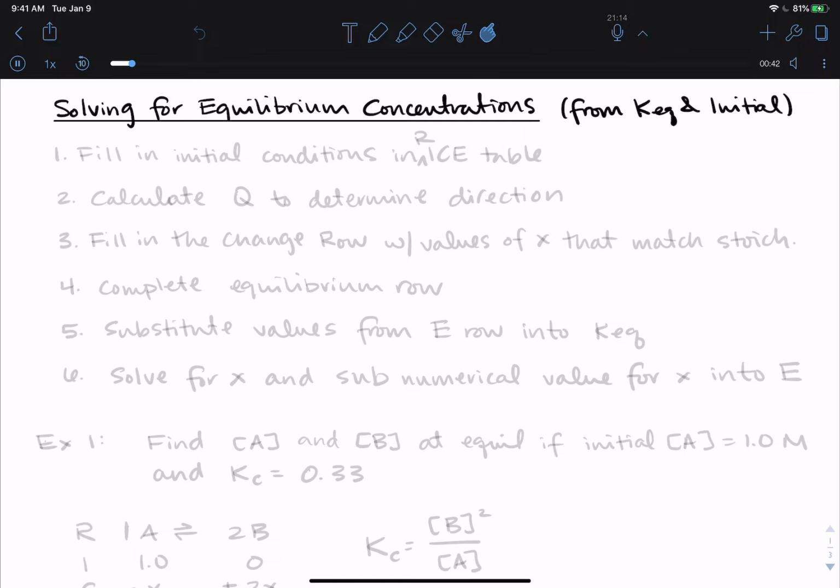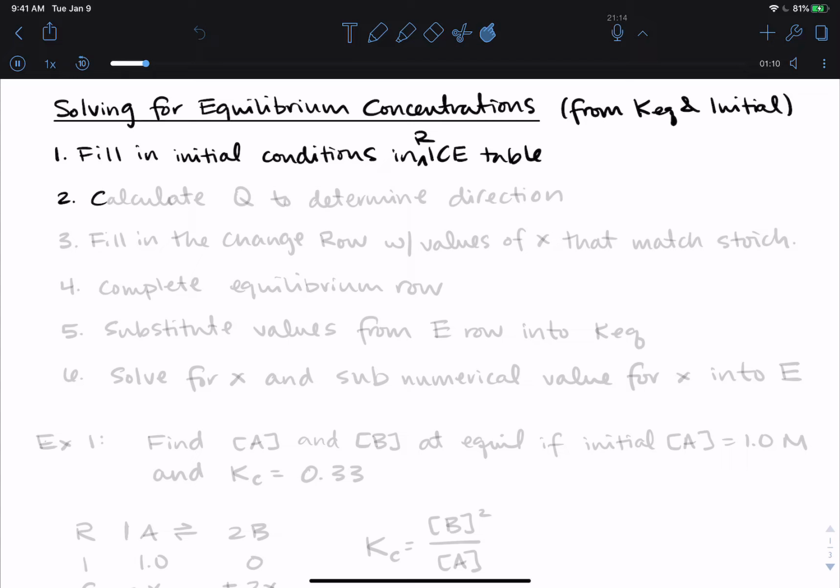So, step one, not surprising, but fill in the stuff that you're given, that you know, which is the initial conditions in the ICE table. Well, the RICE table, as we're calling them this semester.